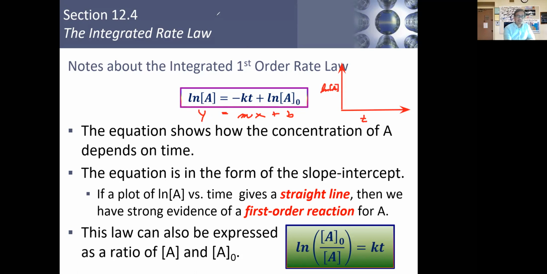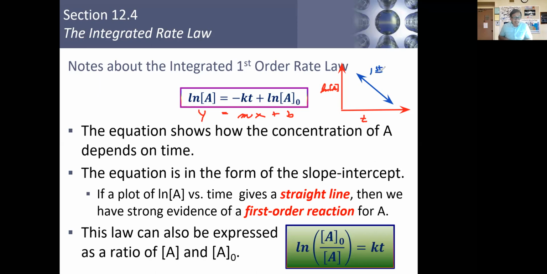That means if we get a straight line when we plot it in this manner, and this is what makes this so cool and so easy to use, when we plot these points and we get a straight line, as soon as you see that, it will be a first order reaction.